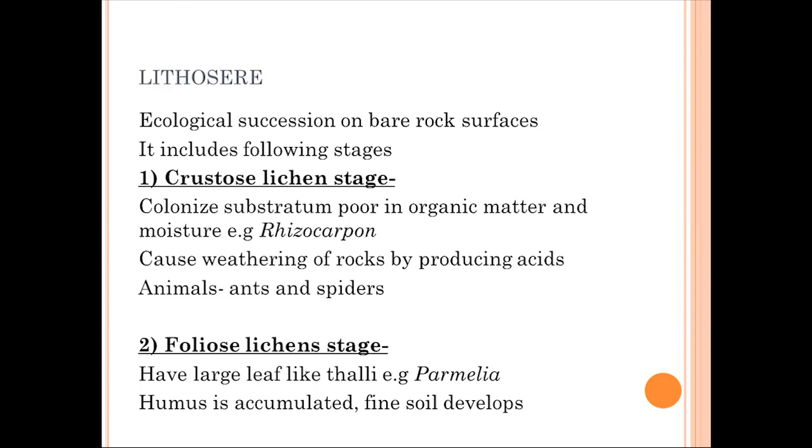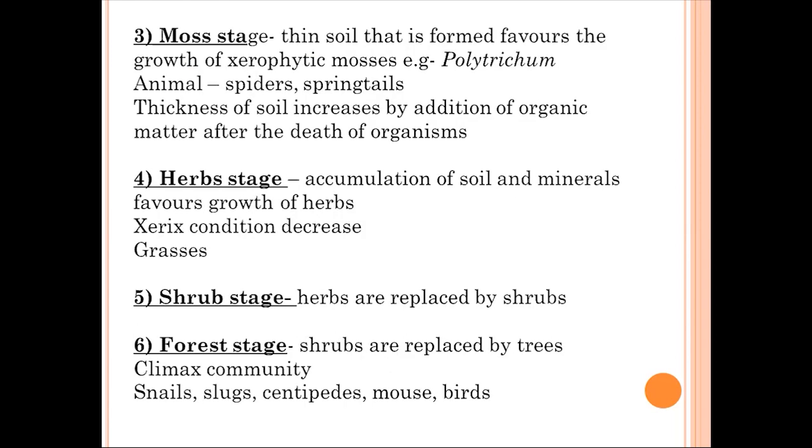Then the second are the foliose lichens, which colonize as and when humus is accumulated and a fine soil develops. The third stage is the moss stage. In the moss stage, a thin layer of soil is developed, which favors the growth of xerophytic mosses.